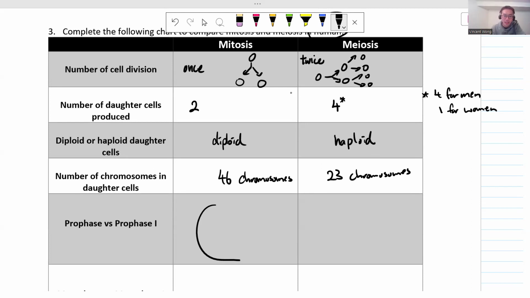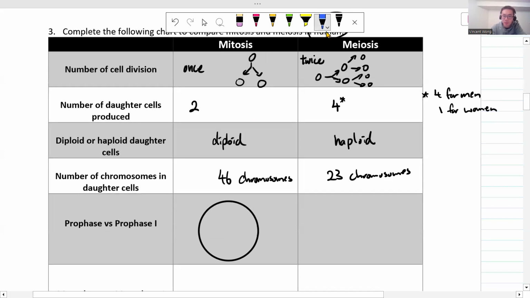Okay, so in prophase of mitosis, the homologous chromosomes don't find each other, right? I was telling you. So like you have chromosome 1 here, chromosome 2, and then you have another chromosome 1 here. Let's just draw it randomly here, and then chromosome 2 here.